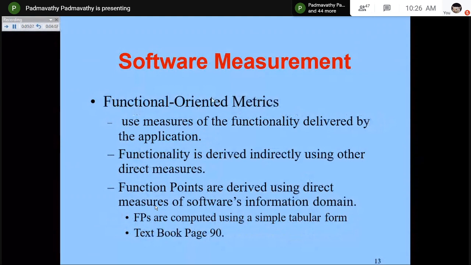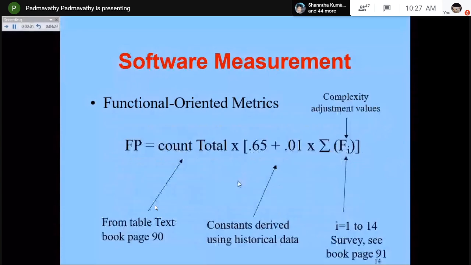They use measures of the functionality delivered by the application. So the functionality is derived indirectly using other direct measures. So it is qualitative, as I already told you, indirectly measured using the direct measures. So this is another type of software measurement.